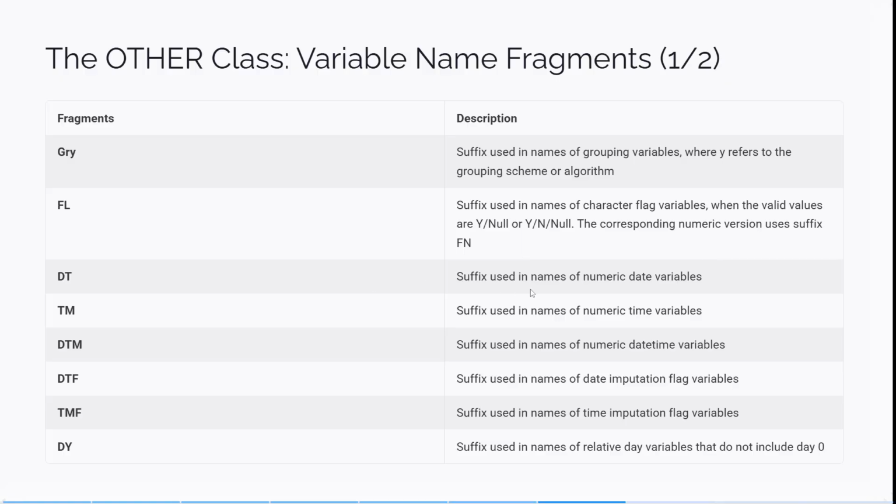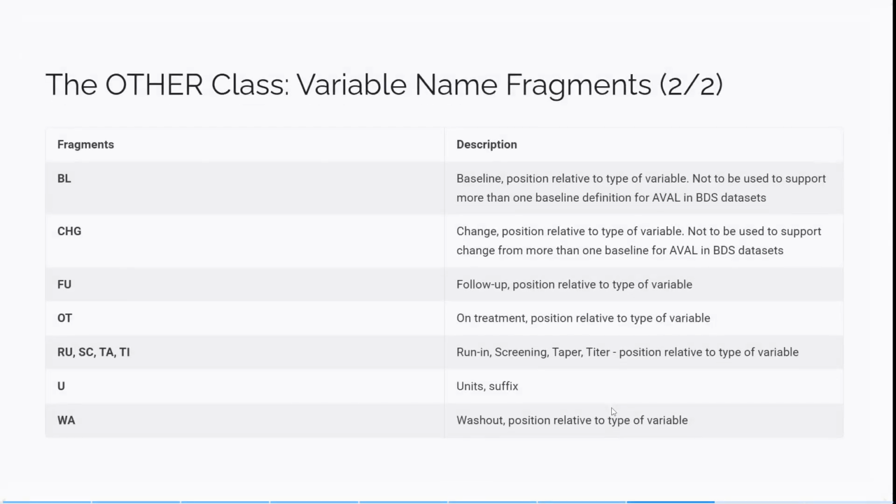DT is the suffix used in the names of numeric date variables, TM is for time variables, DTM is for date and time variables, DTF is the date imputation flag, TMF is the time imputation flag, and DY is for the relative day. These are the suffix fragments. BL is the baseline position related to the type of variable, not to be used to support more than one baseline definition in BDS datasets.